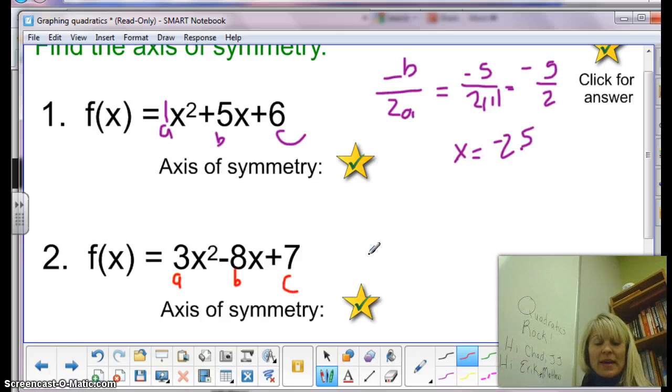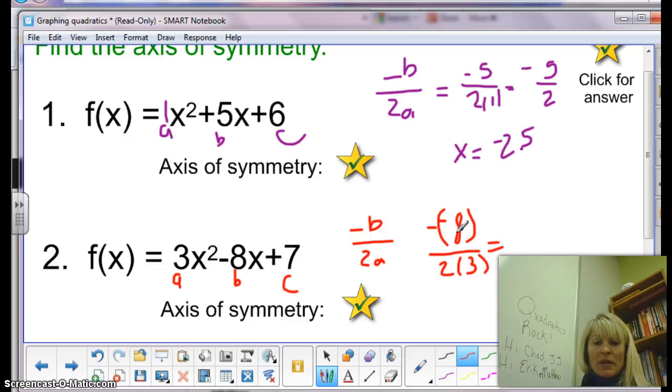So if I'm trying to find the axis of symmetry, again, I want to use the negative b over 2a formula. So I'm going to plug in, now my b here is negative 8. So this is going to be negative negative 8, because negative 8 is my b, and my equation has the negative in it. And then I'll have that over 2, and then I'll replace a with 3.